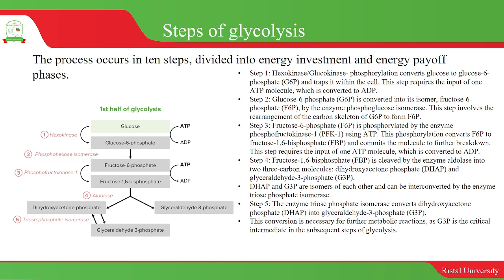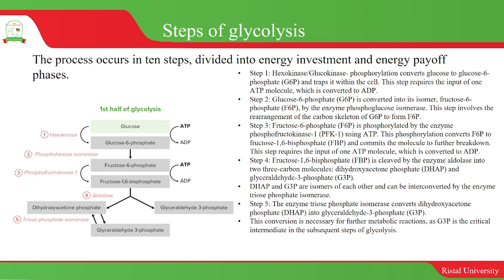The next step involves glucose 6-phosphate being converted into fructose 6-phosphate through a process of isomerization, and the enzyme involved is phosphohexose isomerase.